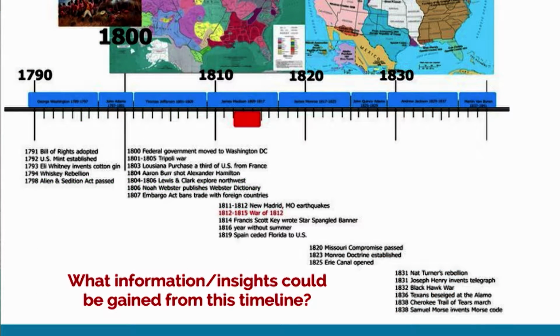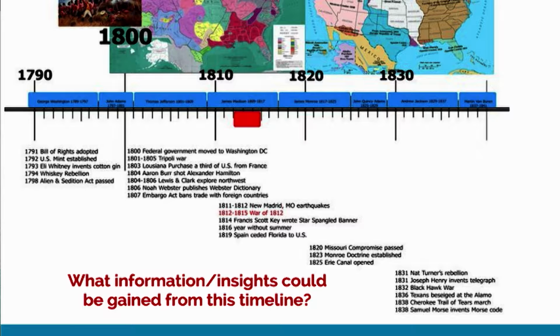So looking back to the timeline, if we begin to ask ourselves the question of what is the impact of that territorial expansion, for me, when I looked at it, the events that stood out brought to mind the question of what is the impact of territorial expansion in the United States during the early 1800s?